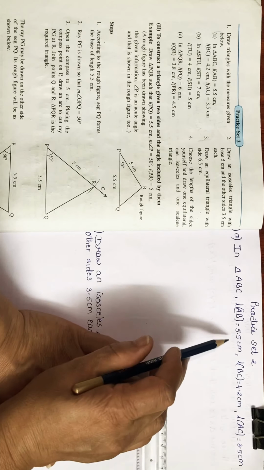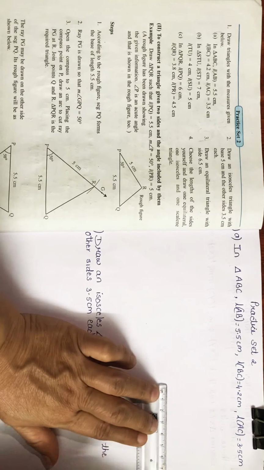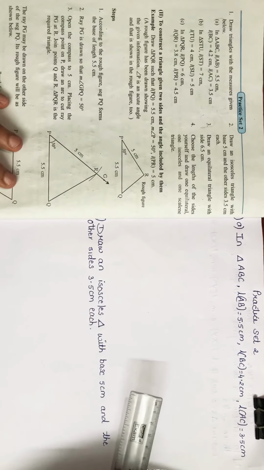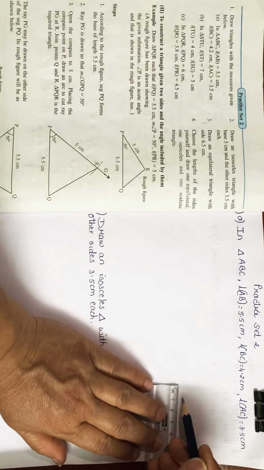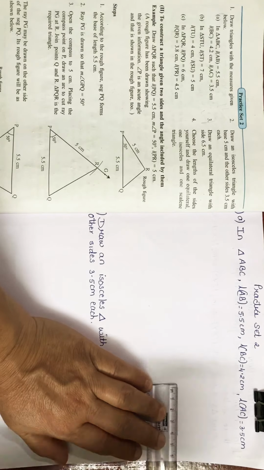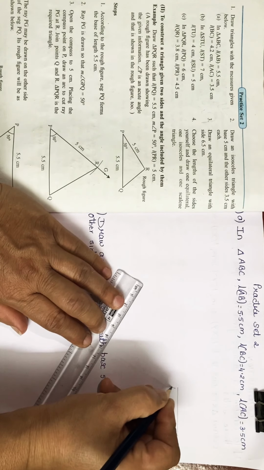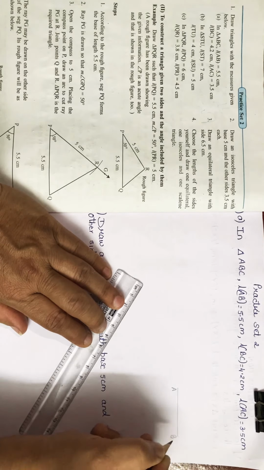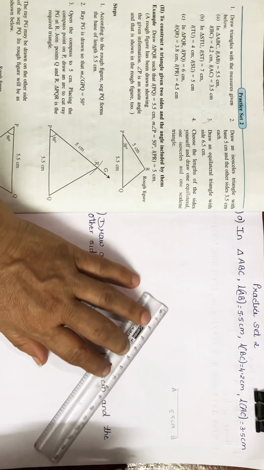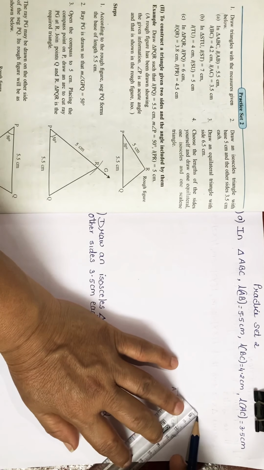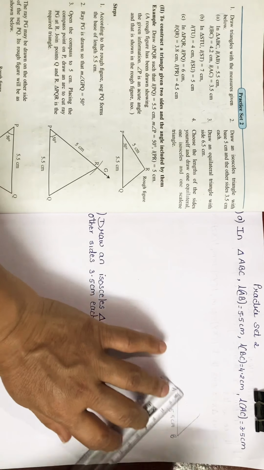So let's say AB is 5.5. So let it be the base. Let us draw the base first. So just a rough figure. So just let it be as A and B, 5.5 centimeters. So approximately we can just draw it.